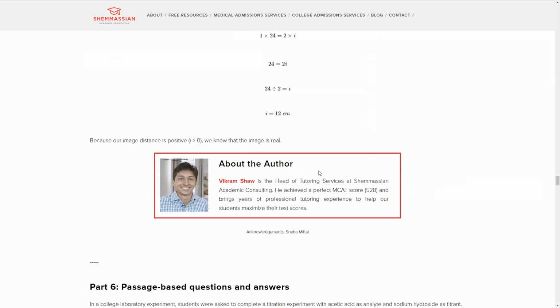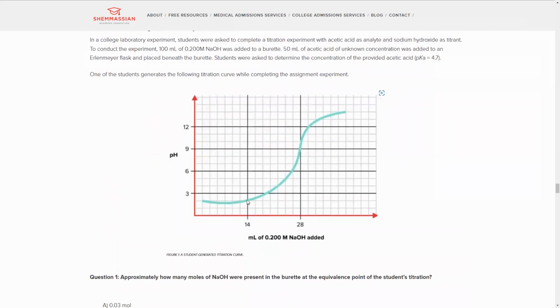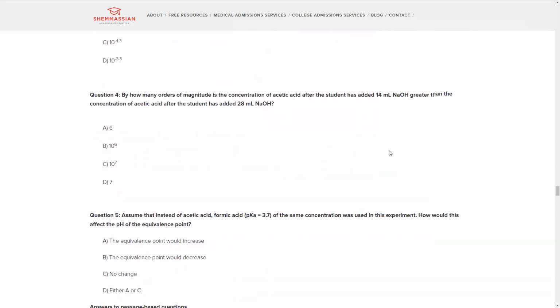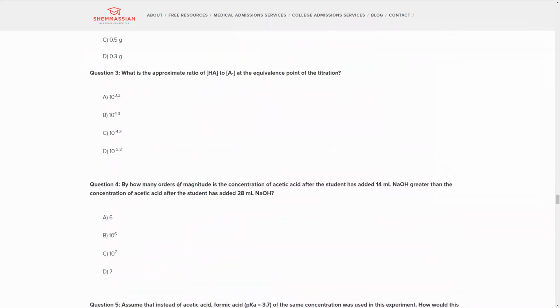If you look up at 14 milliliters, it's at about pH 2, and at 28, it's at pH 9. So what is the difference in order of magnitude between pH 2 and pH 9 is essentially what this question is asking.